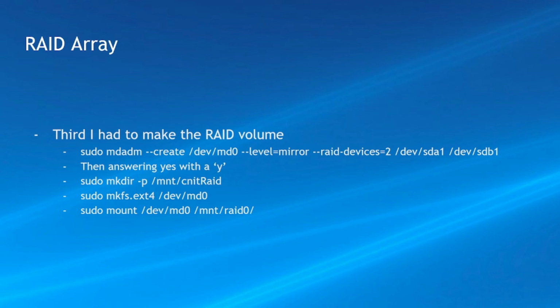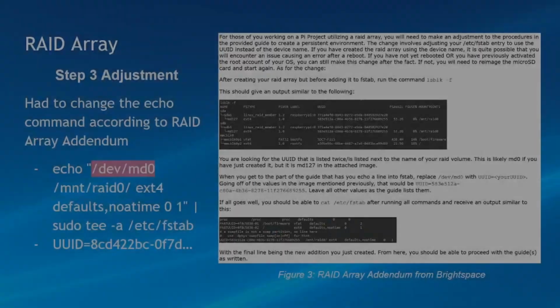And then I made a directory for the mount, so that way I could have access to my files. And then mkfs allows me to format the dev file, and then I can mount it with sudo mount and the mount point.